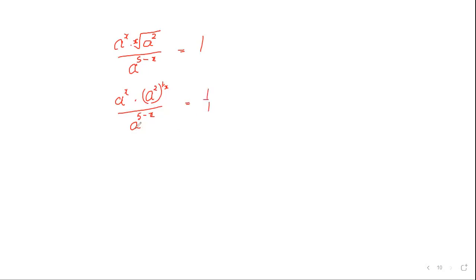I can multiply both sides by the denominator, which is a exponent 5 minus x. Two ways of doing that. I can multiply here by a 5 minus x, multiply by a 5 minus x. That will drop. I'll have a power of x multiplied by a 2 over x is equal to a 5 minus x.